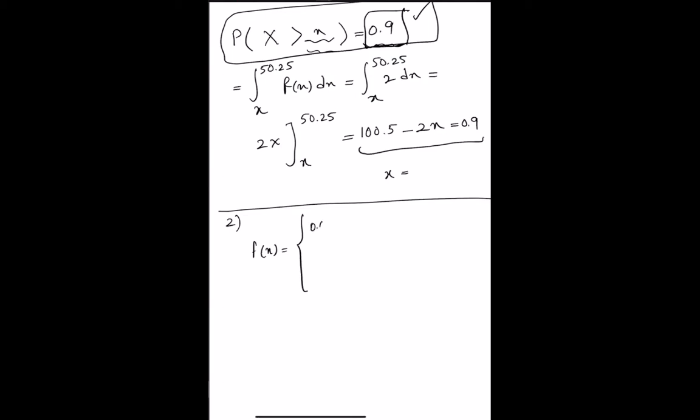One of them is this for every x between 30 and 50, and then for every x between 50 and 70, the probability density function is this function.